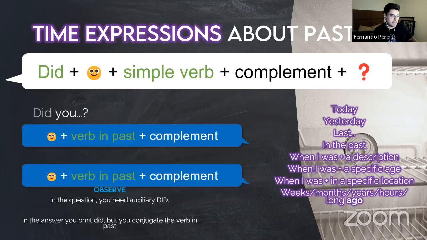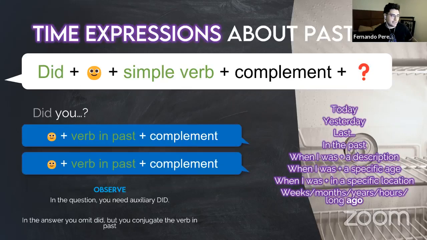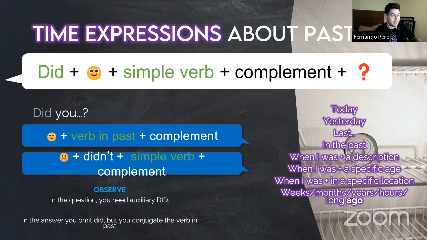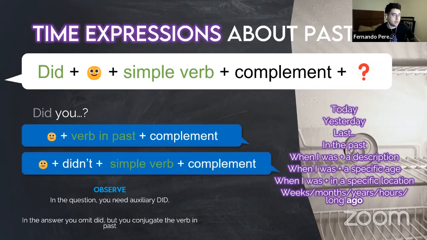So we have the positive and the negative. The negative is simple verb, and then of course the auxiliary didn't. I didn't go to the park yesterday.